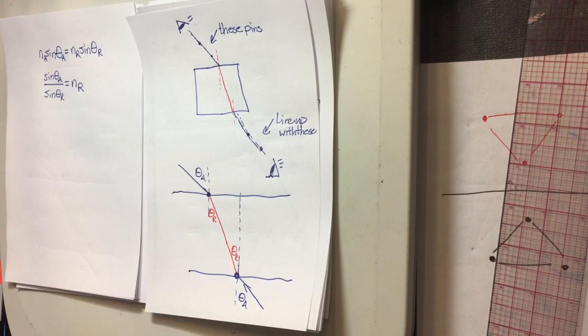So you'll be able to calculate the index of refraction of the material from this. So you sit there and you draw everything out, you measure the angles, and you can get an approximate value for the index of refraction.